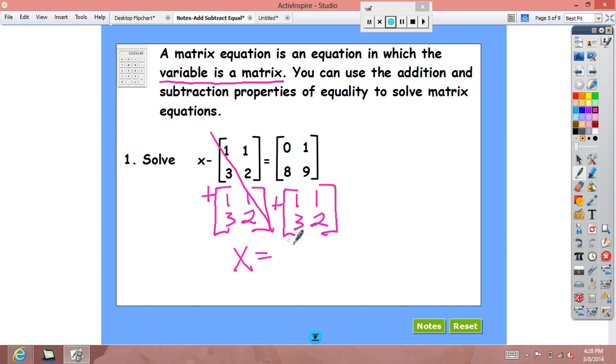Now I have x equals whatever I got here. So 0 plus 1, 8 plus 3, 1 plus 1, 9 plus 2. And I end up with x. Okay?